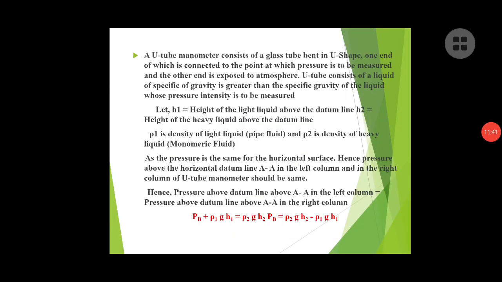Let's see the equation. P_B is equal to rho 1 g h 1 is equal to rho 2 g h 2. So P_B is equal to rho 2 g h 2 minus rho 1 g h 1.